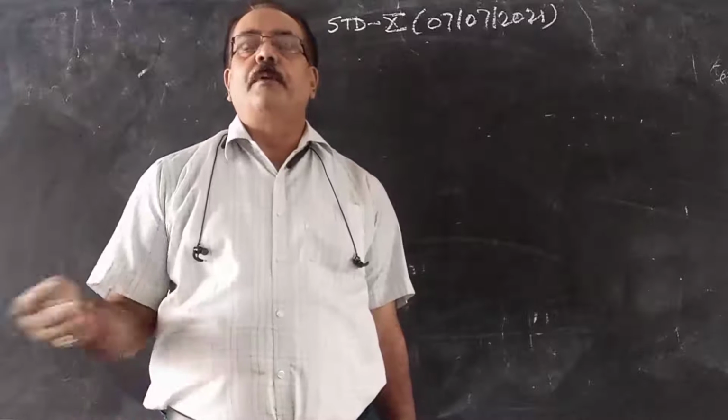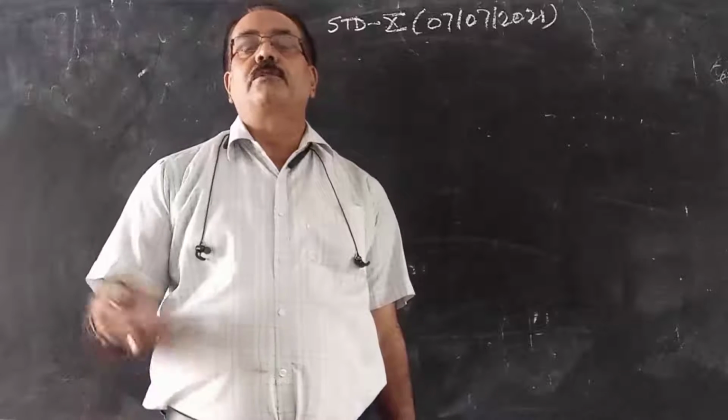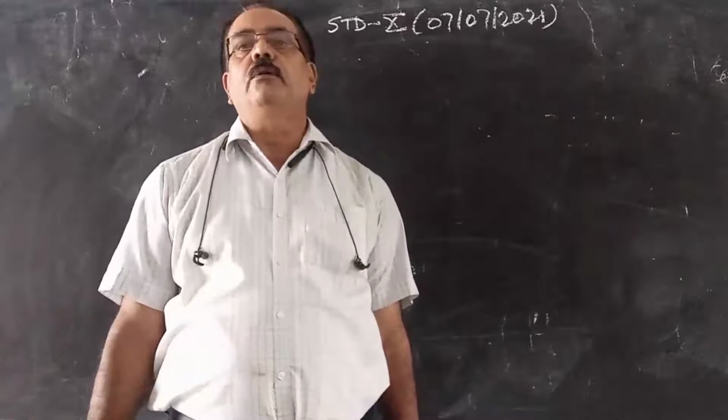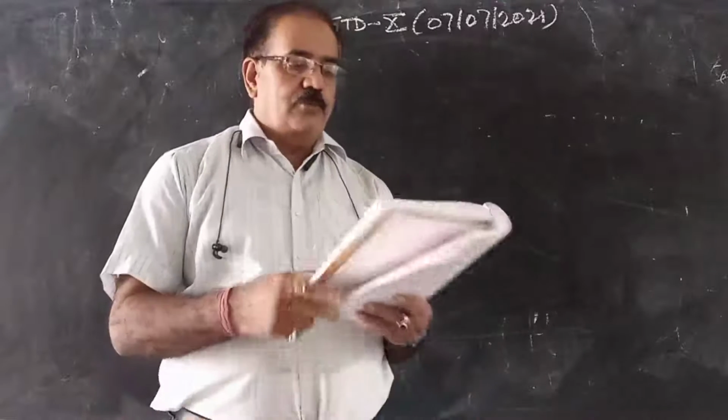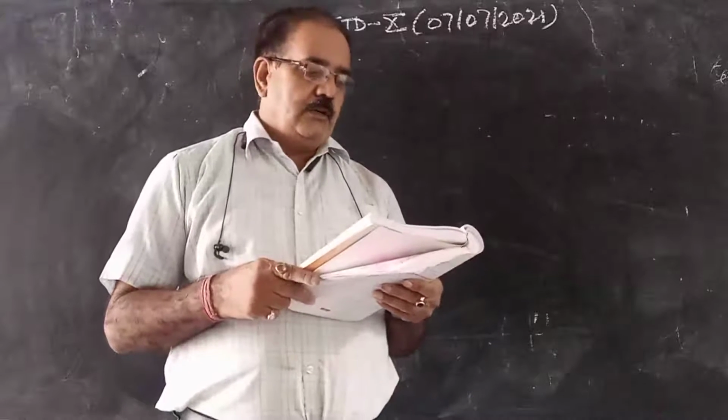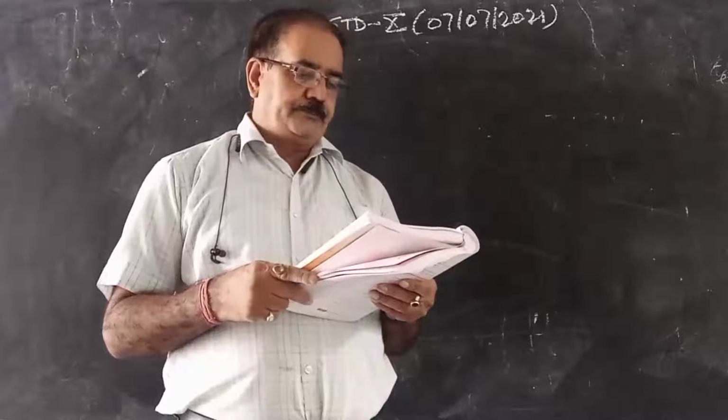Two lines are perpendicular when the product of their slopes is equal to -1. Using these concepts, we will solve some questions from 12.2.